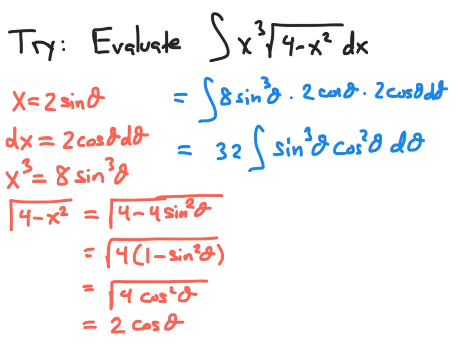When we substitute all of these expressions into the original integral, x cubed becomes 8 sine cubed of theta, the square root expression becomes 2 cosine theta, and dx is 2 cosine theta d theta.